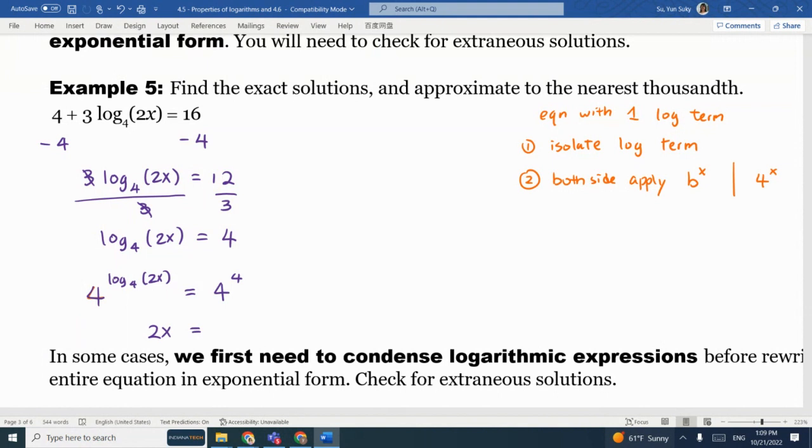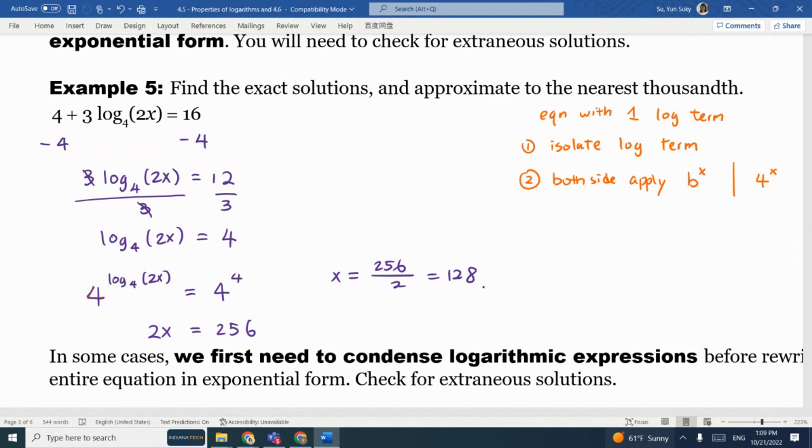Do you know what is 4 to the 4? 256. Oh, okay, 256. Thank you. Then what is x? Yeah, 128. Thank you. Okay.